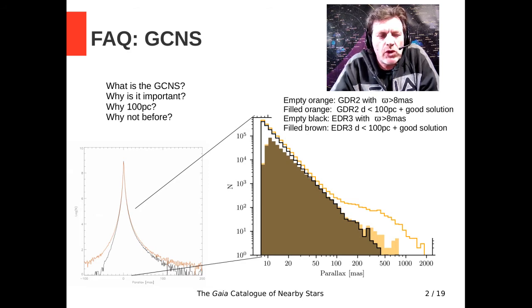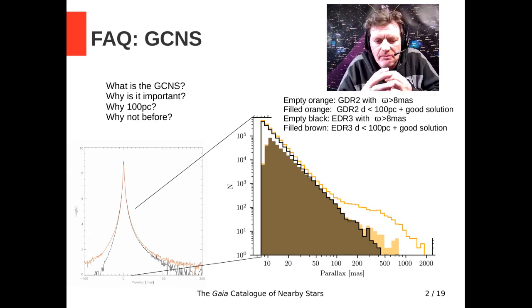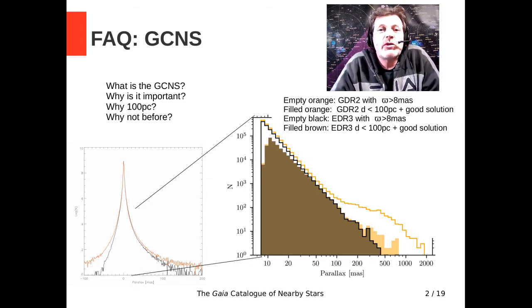In fact, what we find is that if we just do a select on 100 parsecs, there are twice as many objects as we expect, and that's because there are objects that have erroneous parallaxes that have been moved into this sphere. So we have to use some clever way to sort those out, to understand what is a good object and what is a bad object.